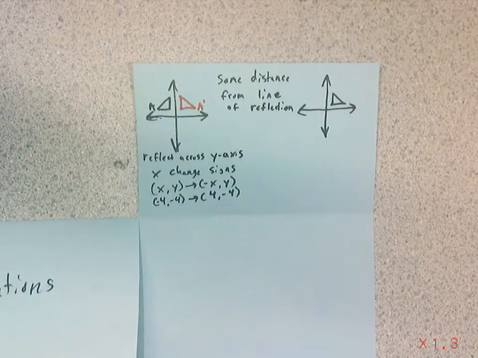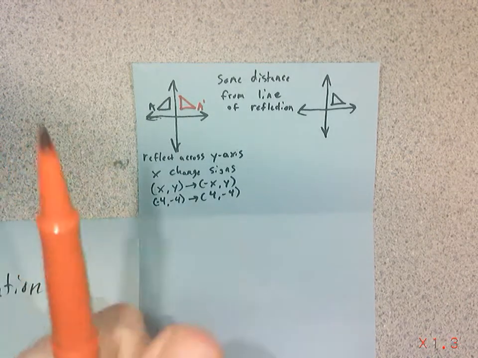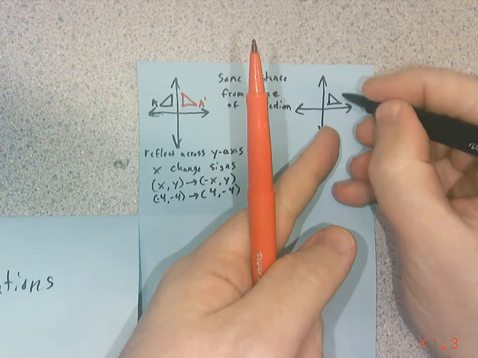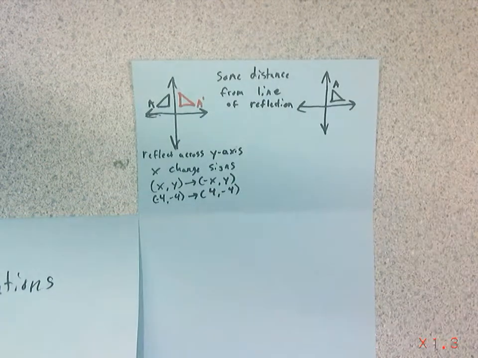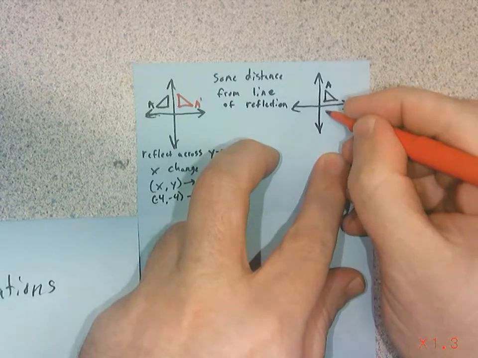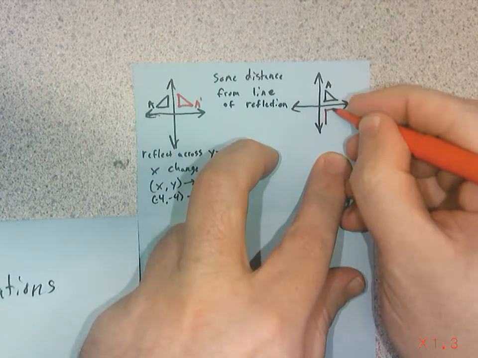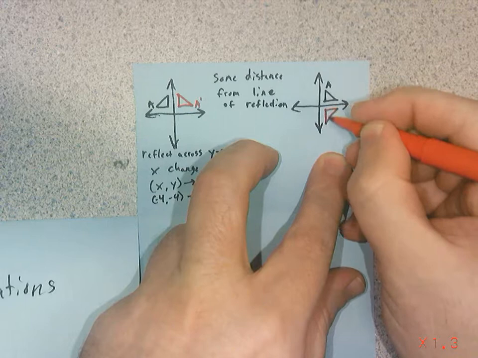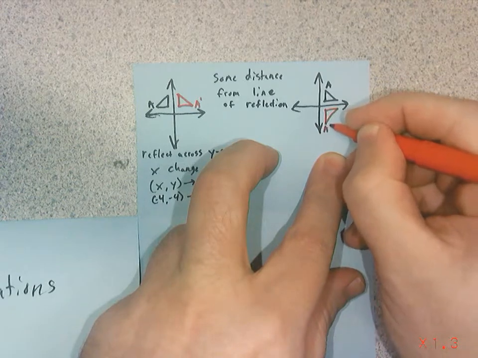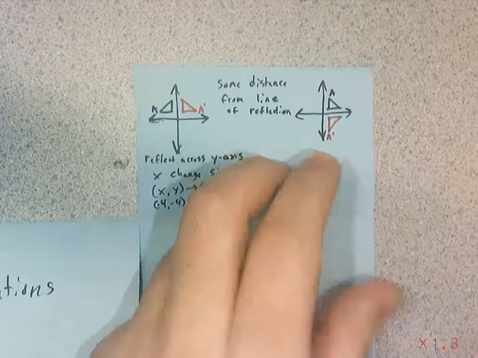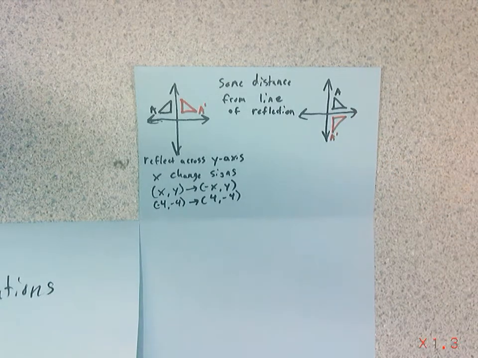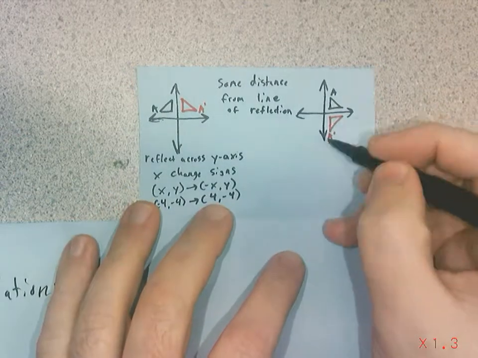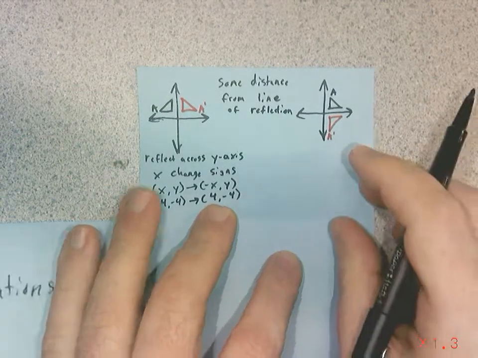If I'm reflecting across the x-axis, let's call this A here. So if I reflect across the x-axis, then A would get pushed over here, become A prime. But again, same triangle. I mean, it should be about the same triangle. I may not be the perfect drawer, but that would be about the same triangle.